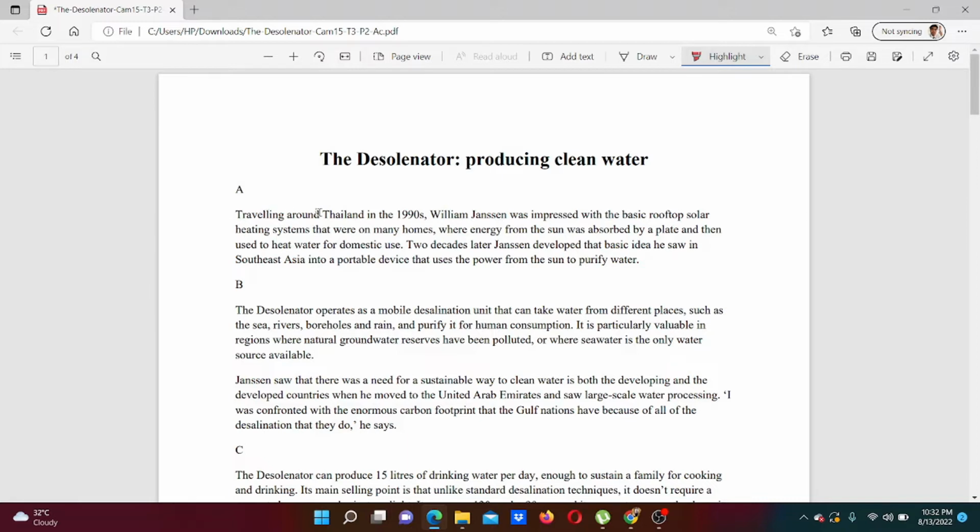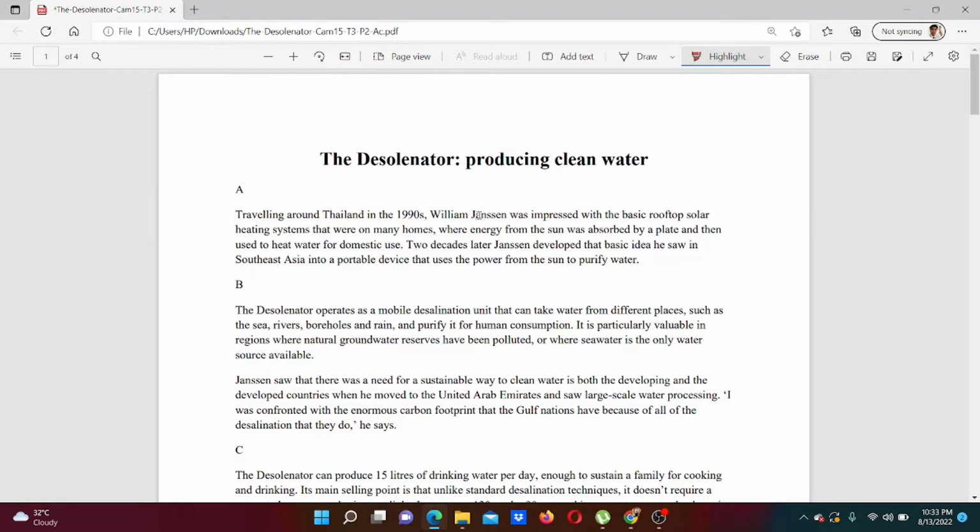So, traveling around Thailand in the 90s, William Jensen was impressed with the basic rooftop solar heating systems that were on many homes, where energy from the sun was absorbed by a plate and then used to heat water for domestic use. Two decades later, Jensen developed that basic idea he saw in Southeast Asia into a portable device that uses the power from the sun to purify water.